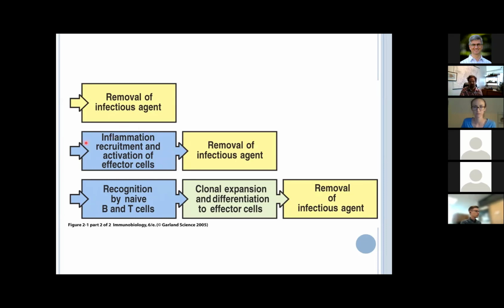If you do not have this response due to some sort of genetic dysfunction, you're a highly susceptible individual that often has a very difficult time thriving, regardless of what species you are.